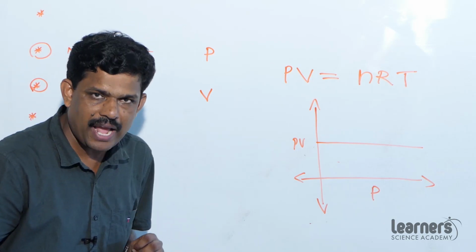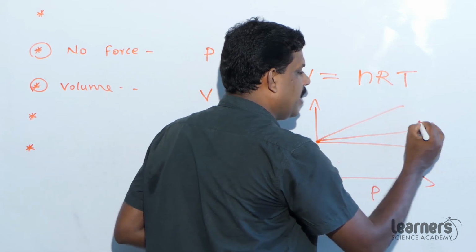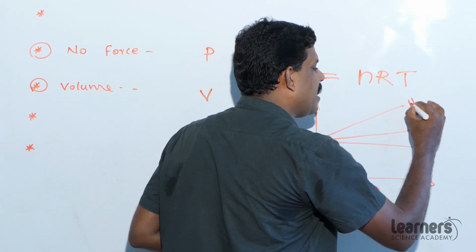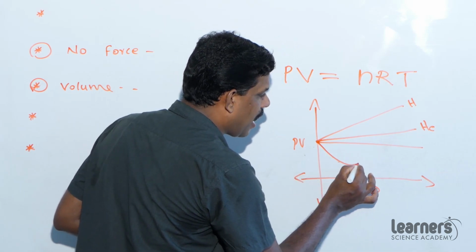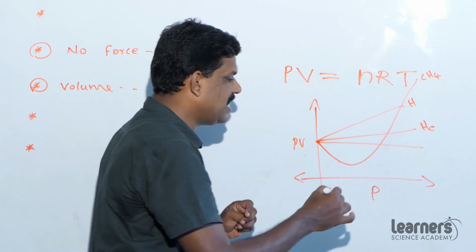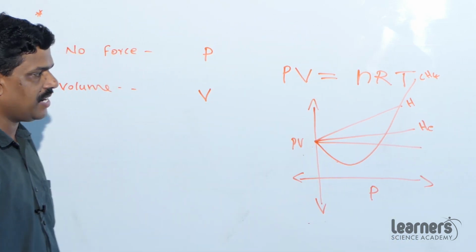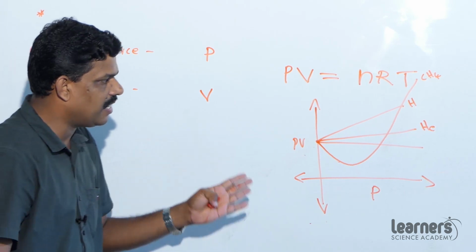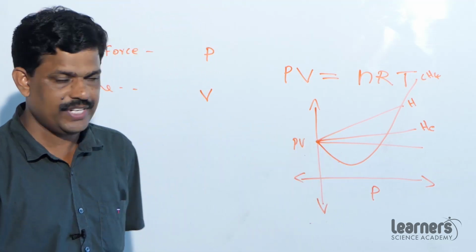But in actual practice, it is found that helium, hydrogen, etc. show an upward hike, whereas gases like methane and carbon monoxide show first a negative deviation and then a positive deviation. From this graph it is clear that no real gas obeys the ideal gas equation.